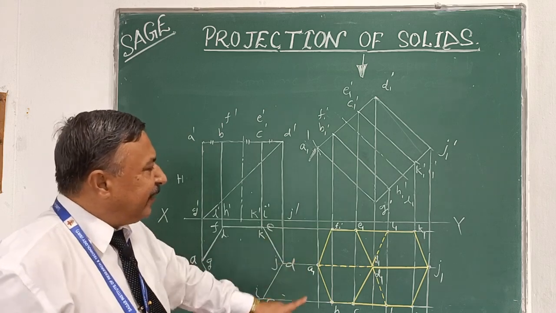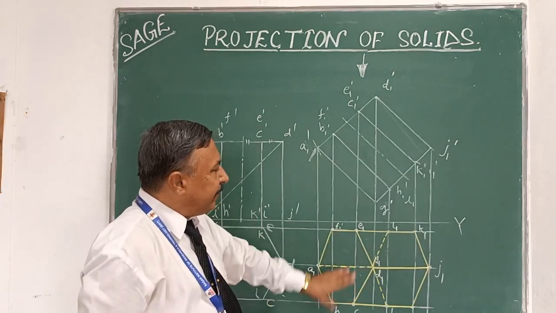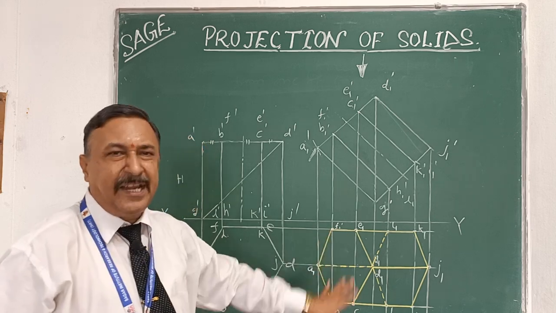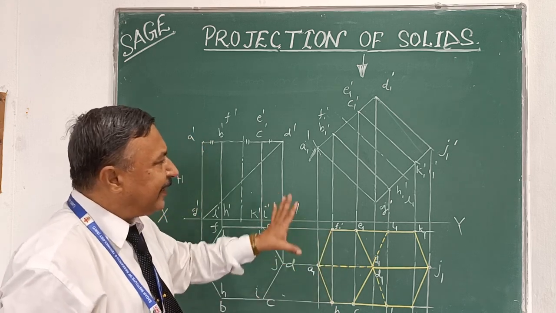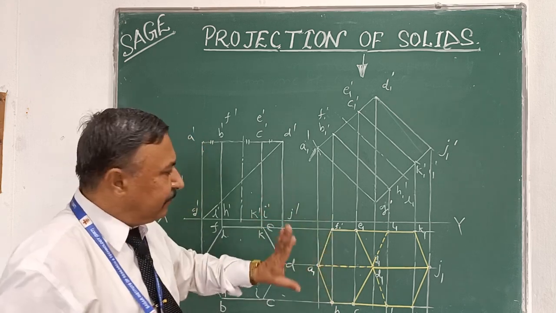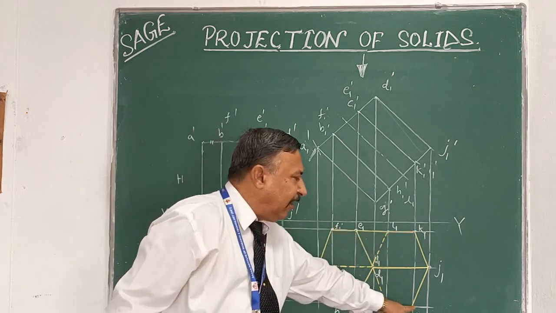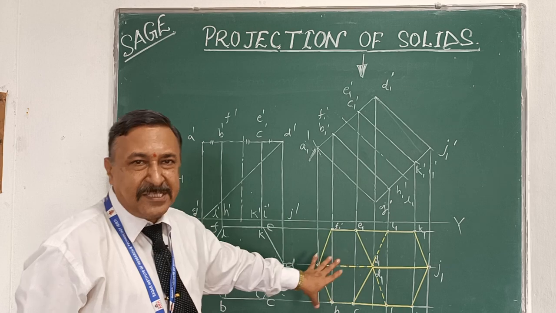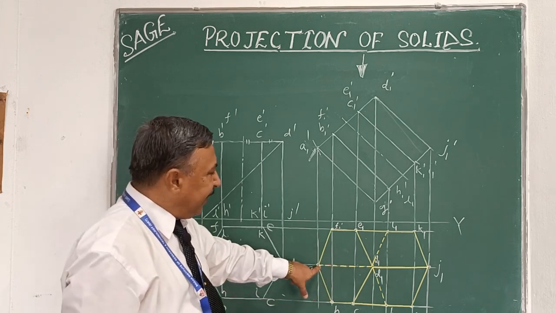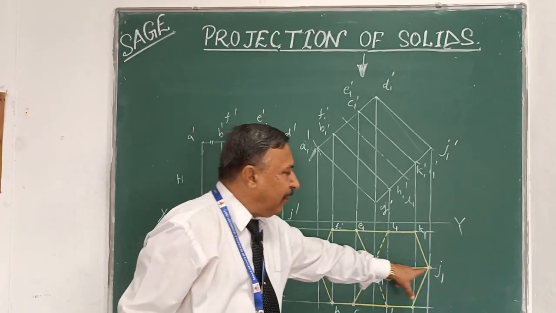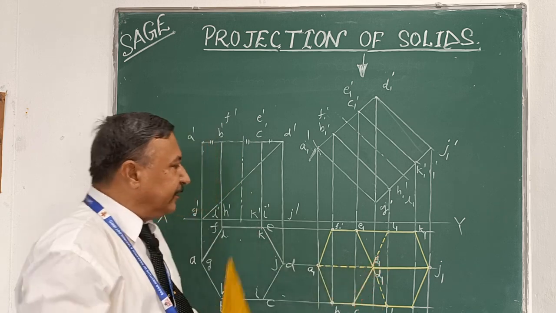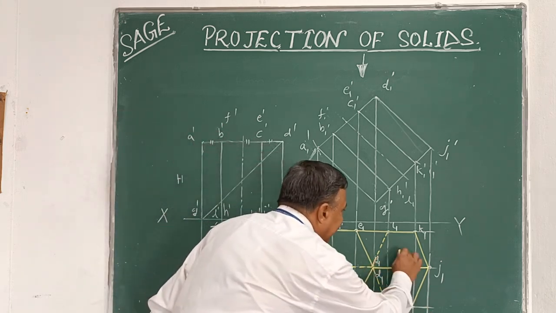So in this way we complete this diagram. Now if you want to check, you check that all edges of face you have drawn. Many edges are already drawn when we complete the first step, and remaining edges we have to draw lastly. Okay. So this is our complete top view.